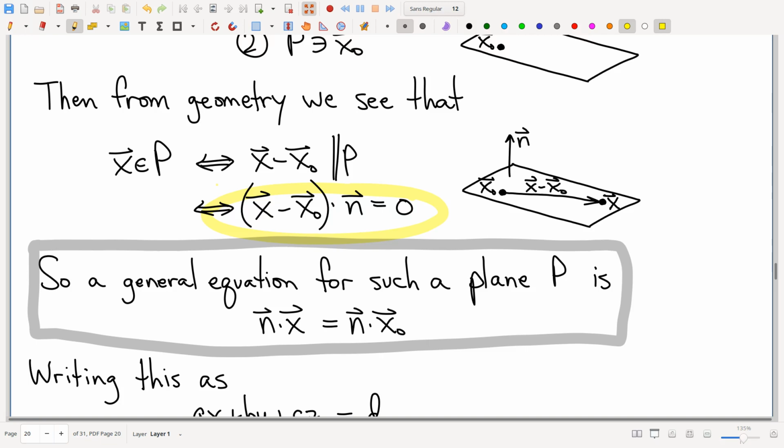Do I want to allow for the possibility that x minus x naught might be 0? Let's just think it through. What happens if x minus x naught is the 0 vector? Well, if x minus x naught is the 0 vector, that means x is equal to x naught. x naught definitely is in the plane.